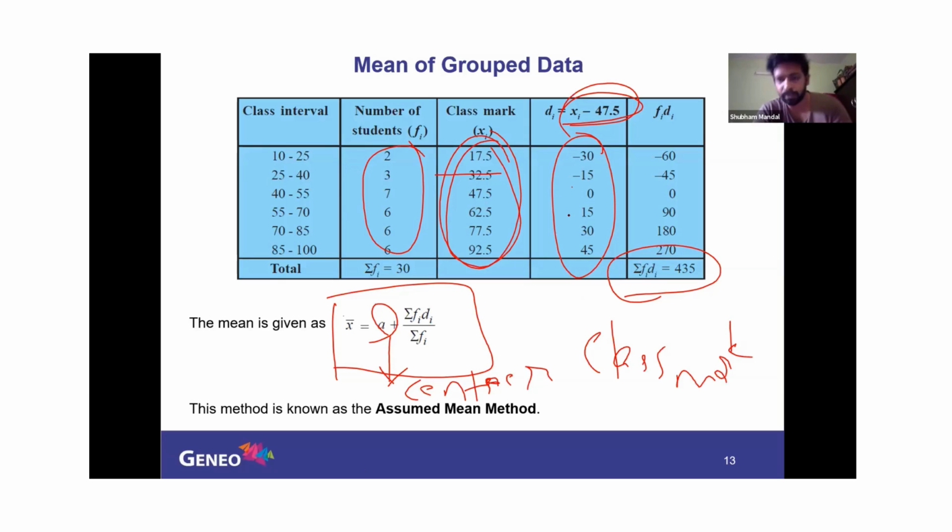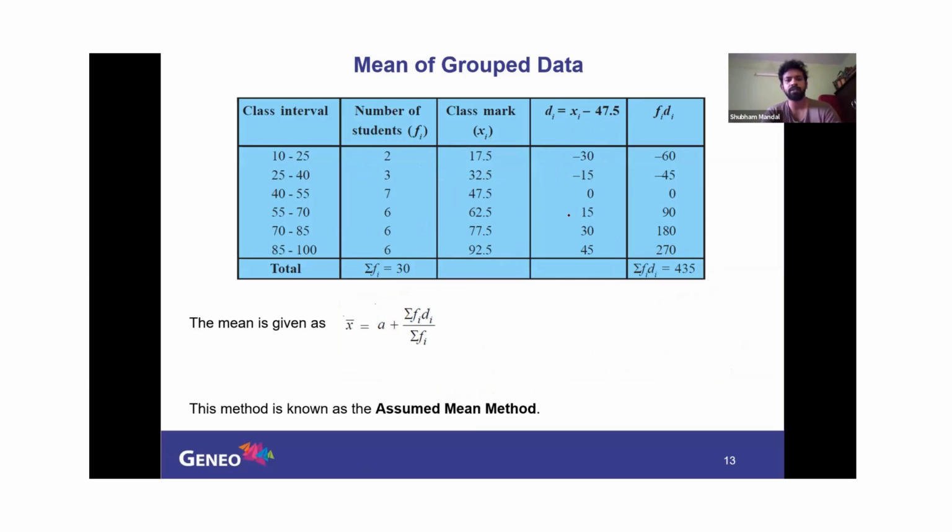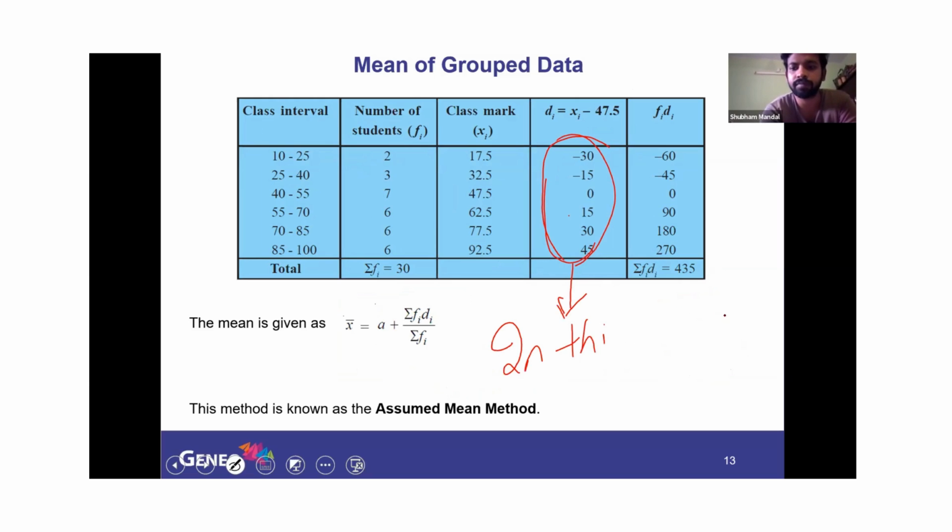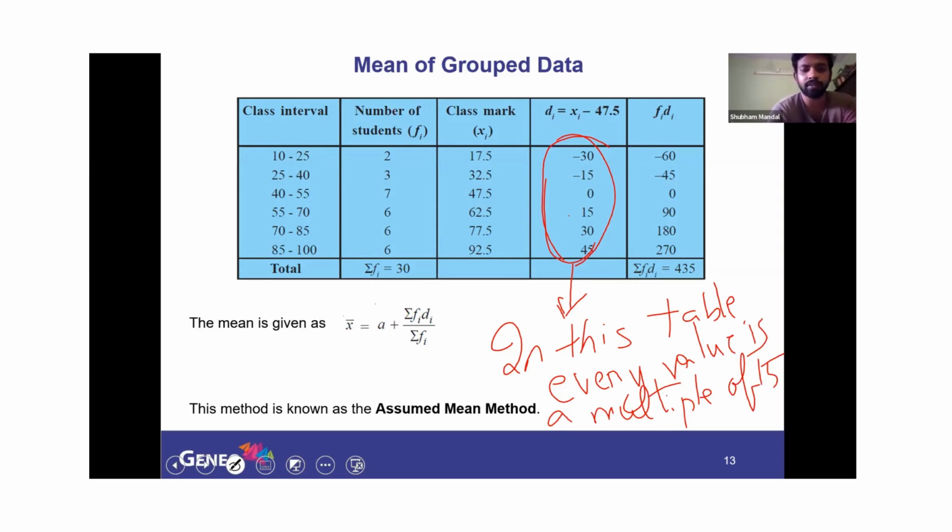And in relation to this, now observe this deviation table. In this table, every value is a multiple of 15, and 15 is our class interval.